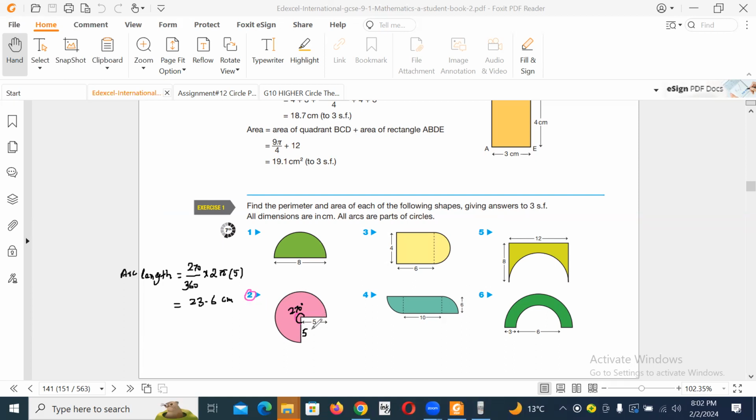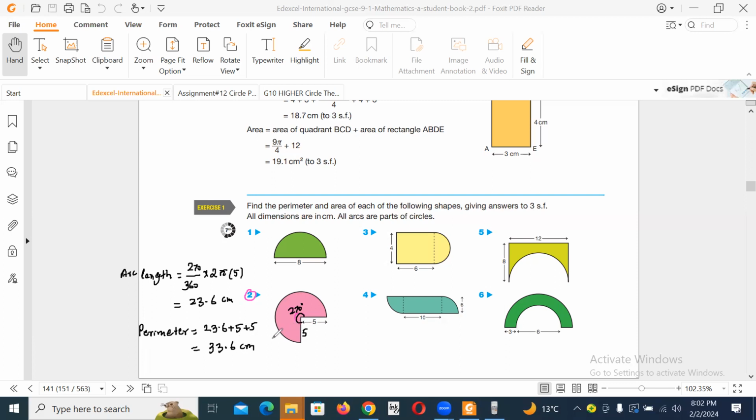We have to add 5 and 5 also. So now the perimeter of this whole shape is equal to 23.6 plus 5 plus 5, which is equal to 33.6 centimeter, because 5 plus 5 is 10. So this is the perimeter.